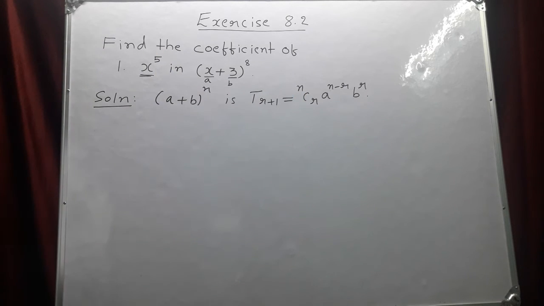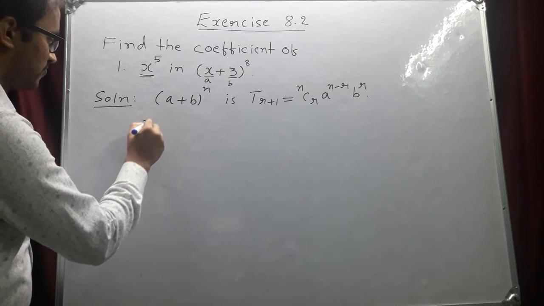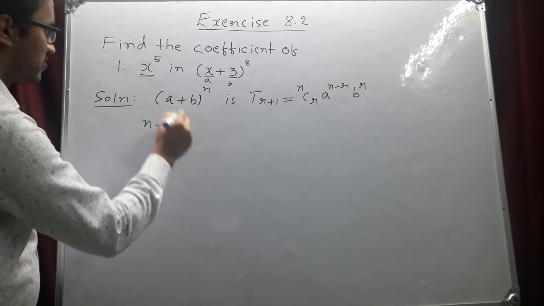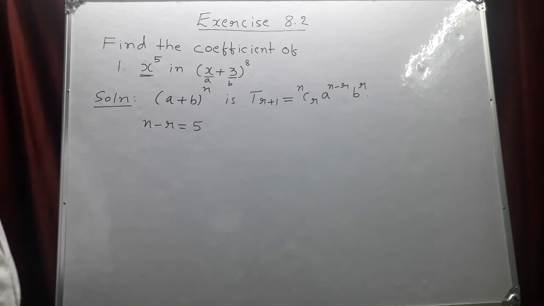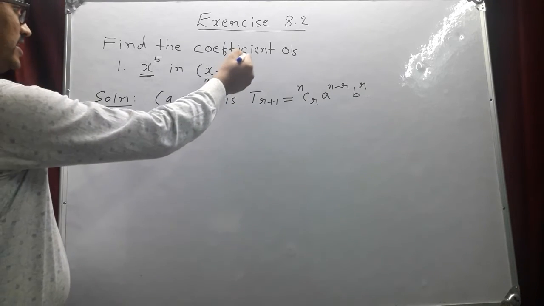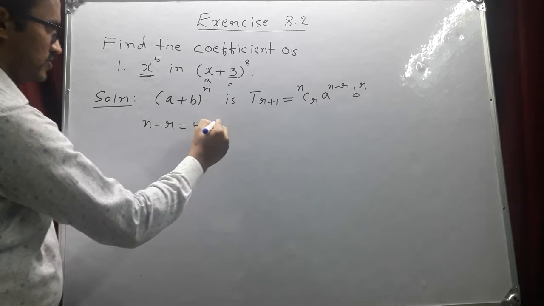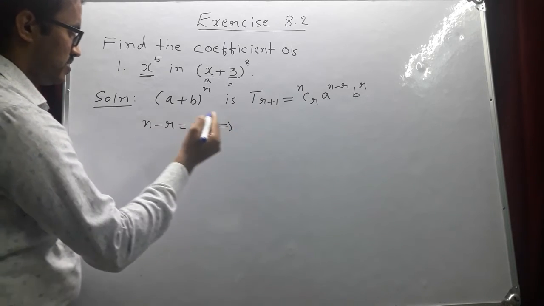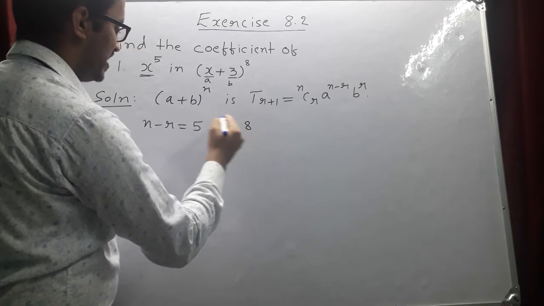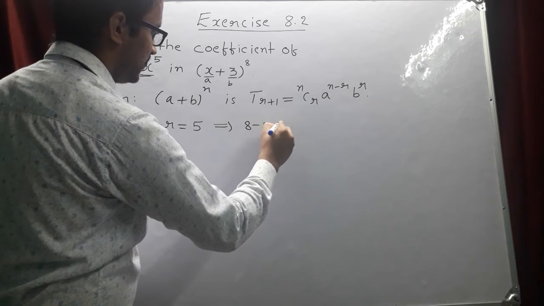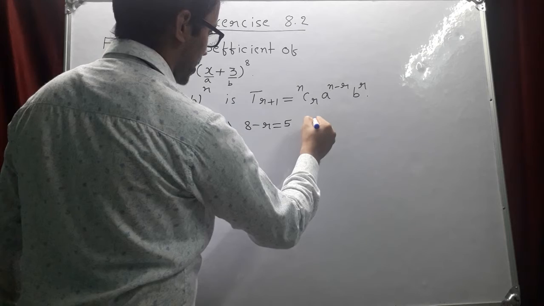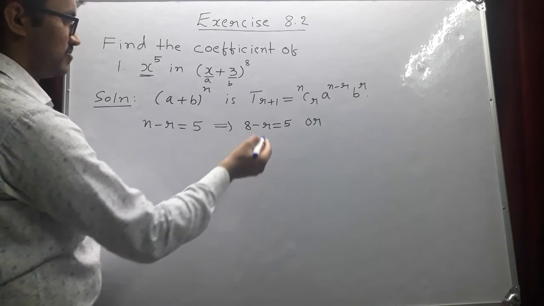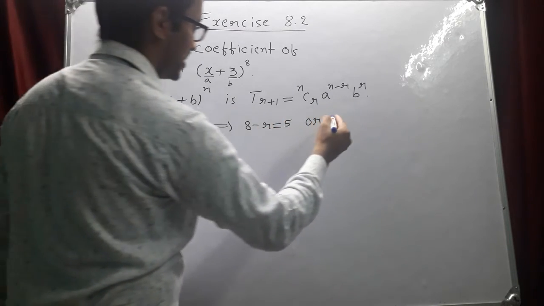So we can compare n minus r equals, we can take it as 5. So we know the value of n here, the index. So this implies n value is 8, minus r equals 5. Simplifying, the r value becomes how much? r equals 8 minus 5.